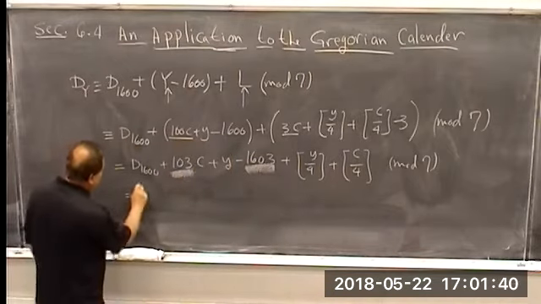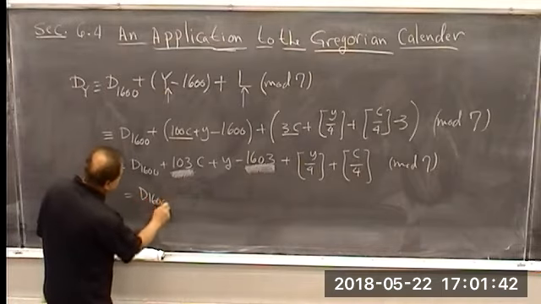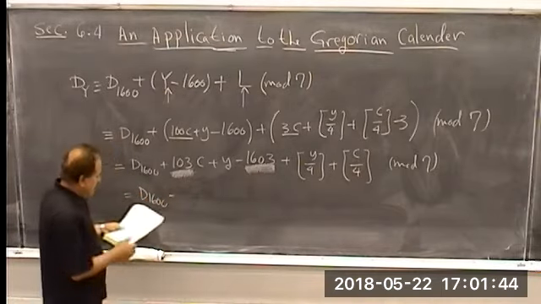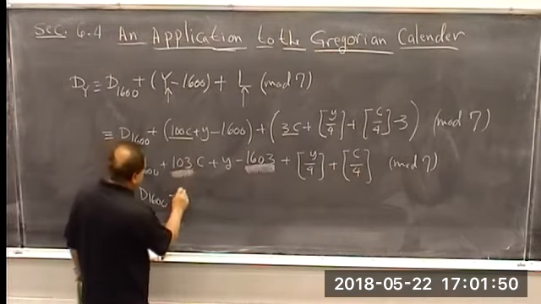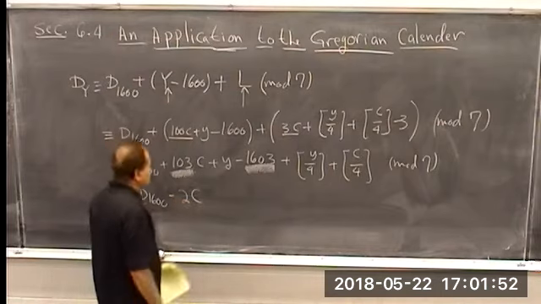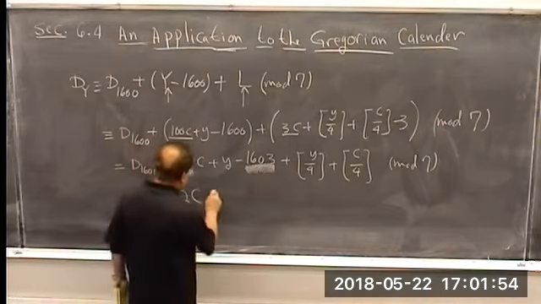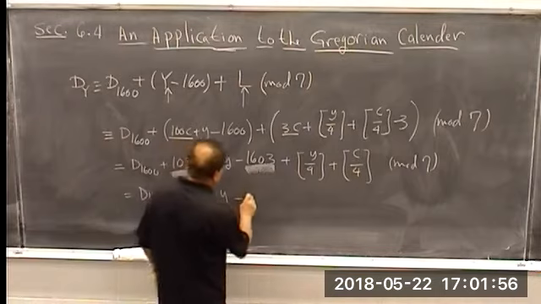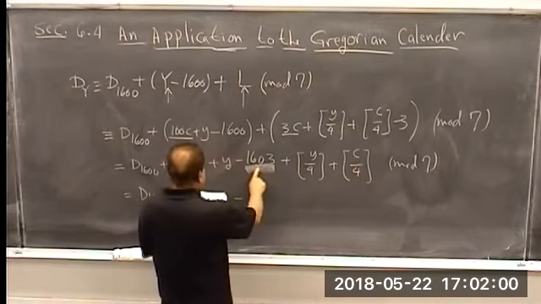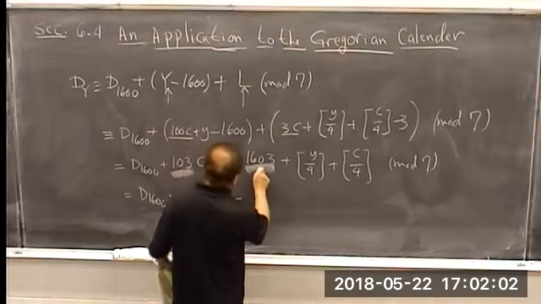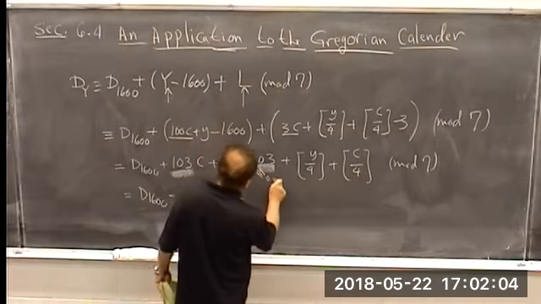And it turns out that we could replace this by negative 2. So 103 is congruent to negative 2 mod 7. So I want to take negative 2C in here. Then we have y. Then we have this one, which is congruent to 0 mod 7.